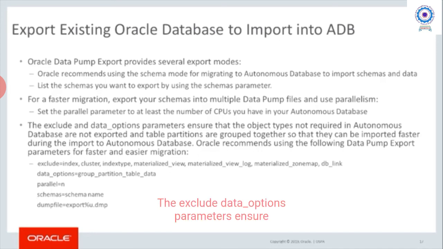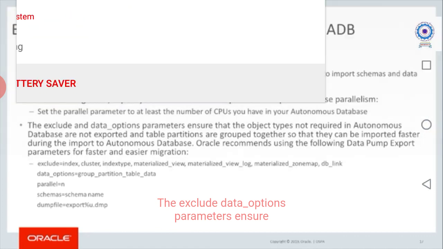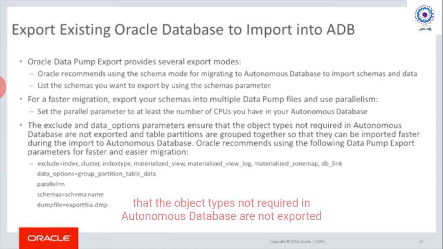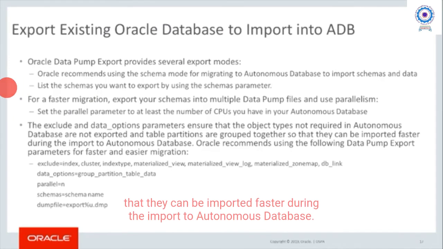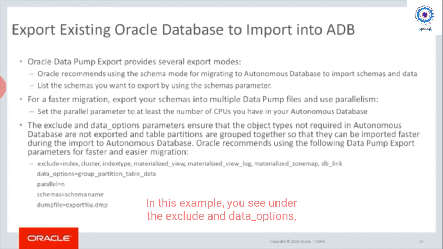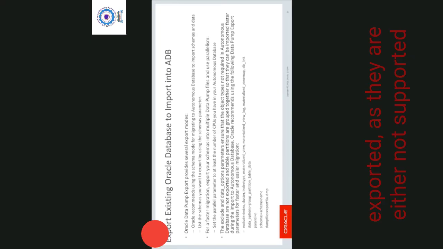The exclude and data_options parameters ensure that the object types not required in Autonomous Database are not exported and table partitions are grouped together so that they can be imported faster during the import to Autonomous Database. In this example, you see under the exclude and data_options the recommended objects that should not be exported as they are either not supported or not recommended for Autonomous Database.